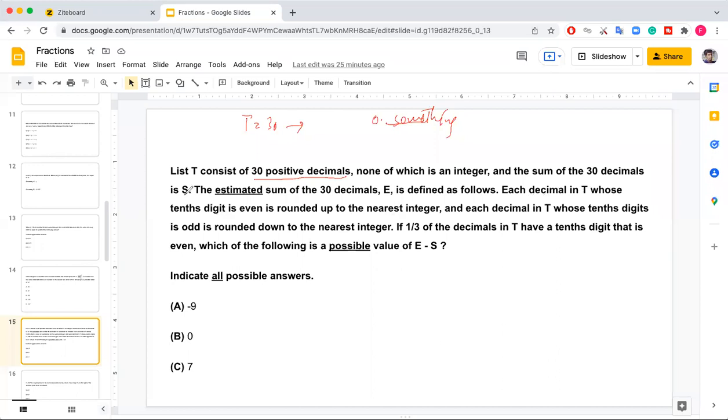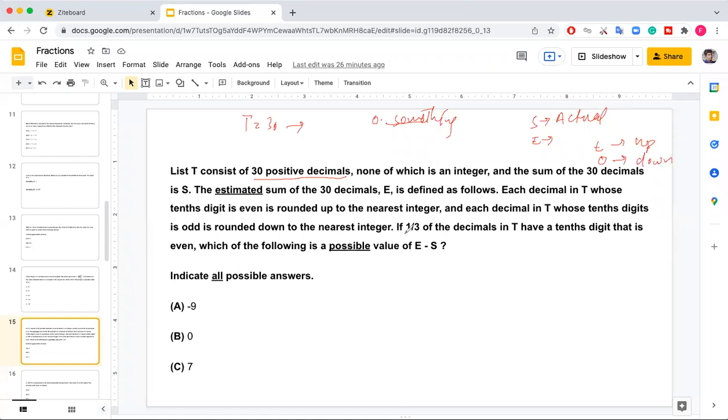Now, first of all, there are two sums. One is the estimated sum and one is the actual sum. So S is the actual sum and E is the estimated sum after rounding, right? So in this question, it says that if the 10th digit is even, the result will be rounded up, right? And if the 10th digit is odd, the result will be rounded down, right?